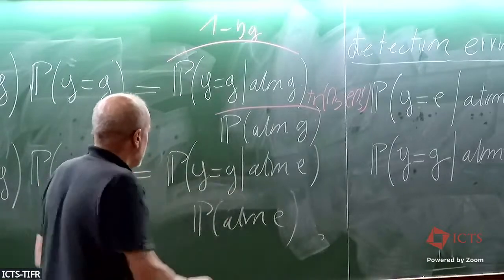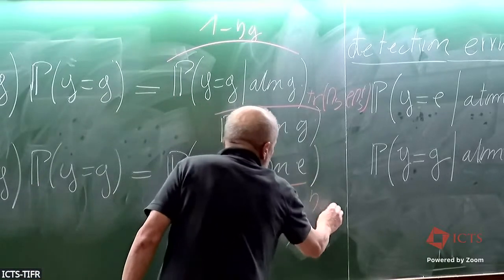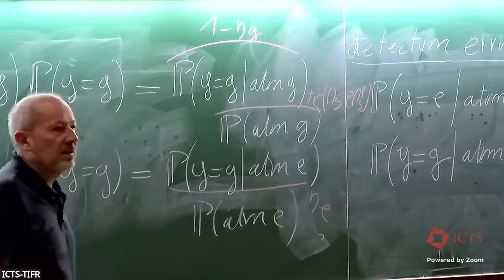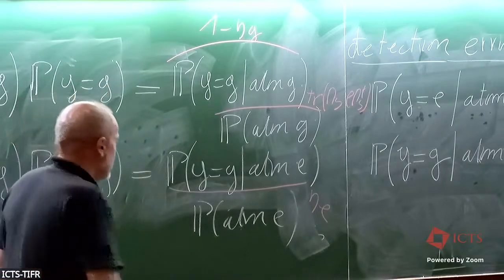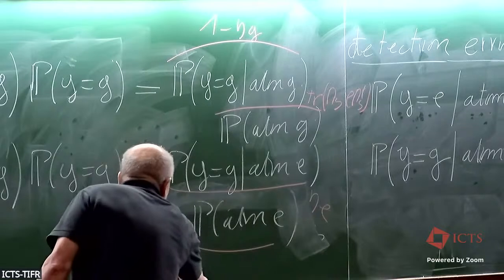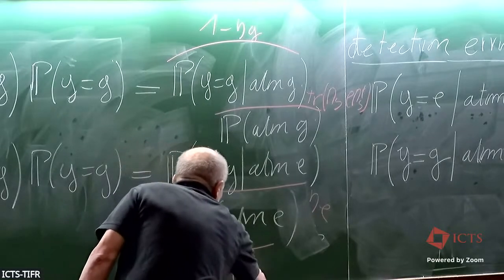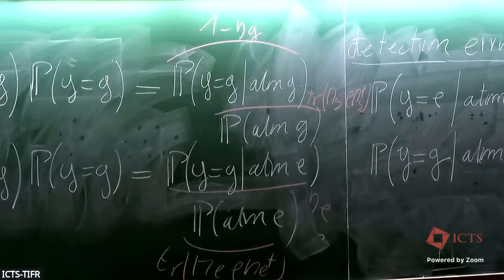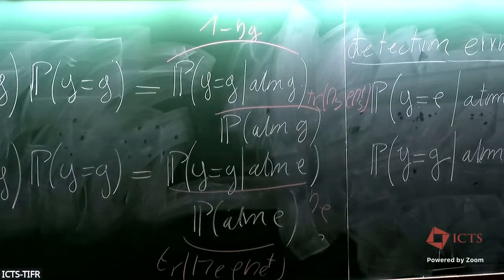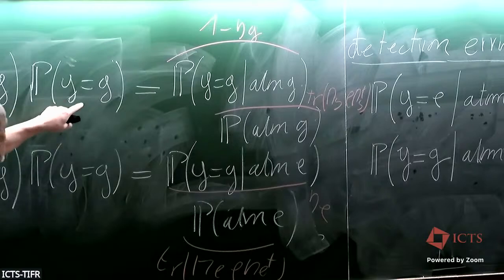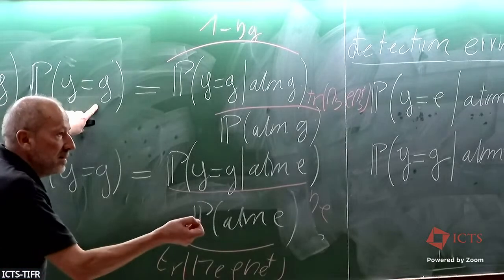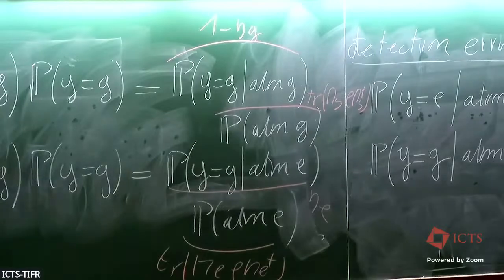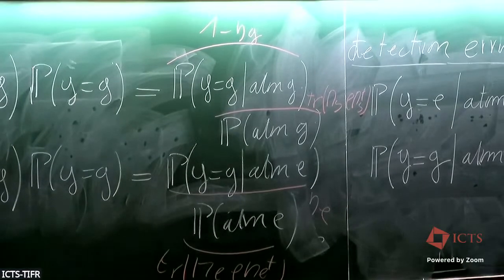Here, it is eta E. And here, it is the trace of Me rho Me dag. And here I know that the sum of these two guys is 1. So if I take the sum, I obtain the probability that Y is in G. And then I can compute this without any problem.